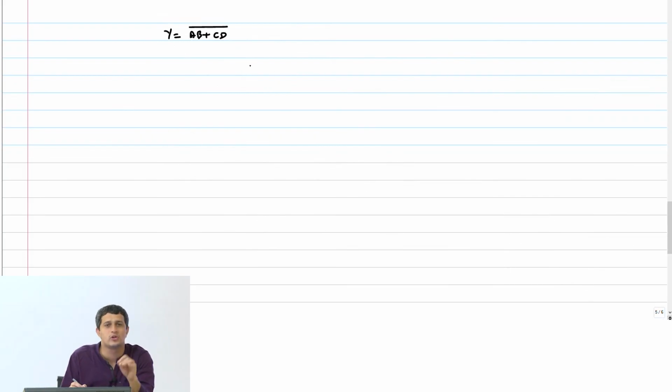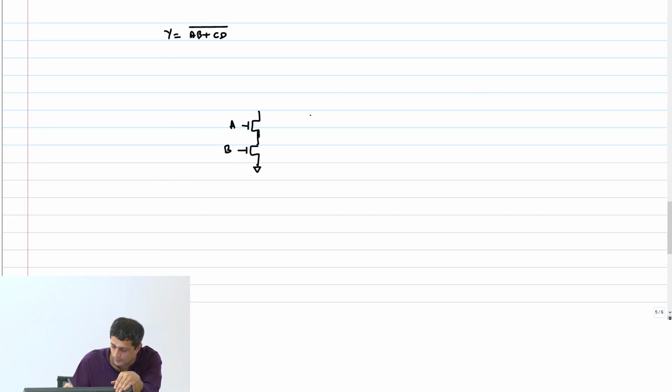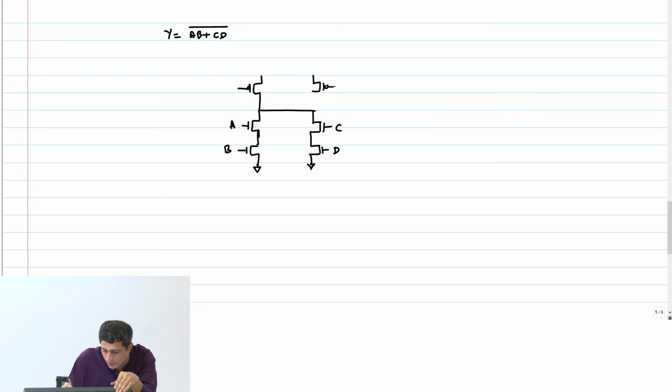So now I just put these two pull-up network and pull-down network together. I get my Boolean logic function that I wanted. Okay. So I have A, B, C, D, C and D again.